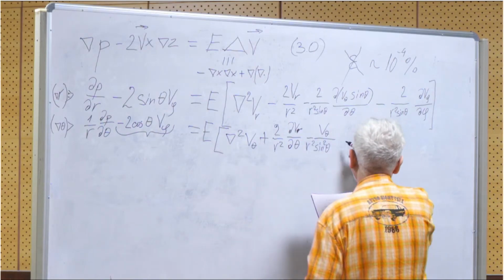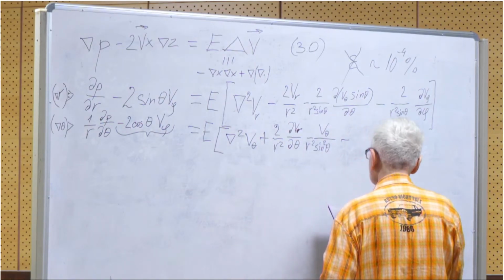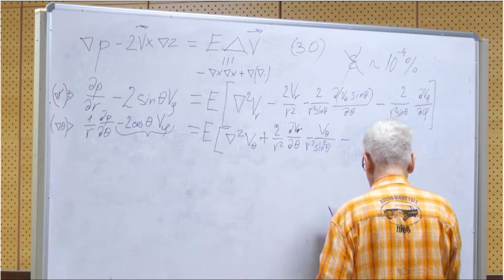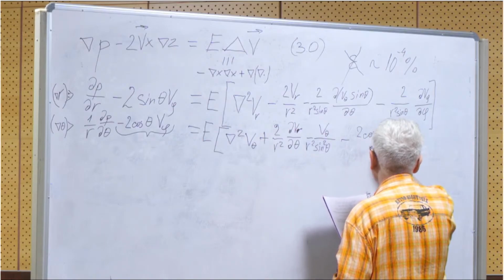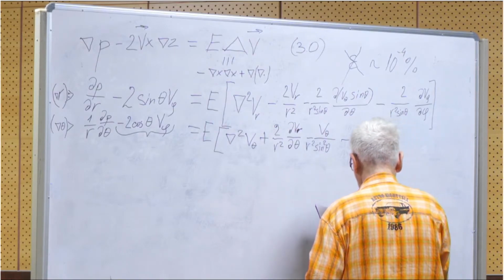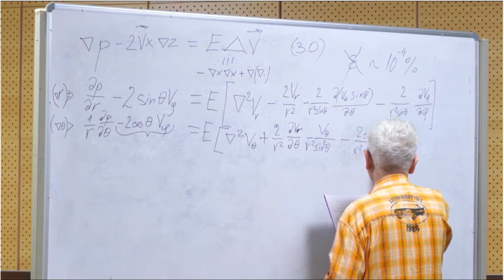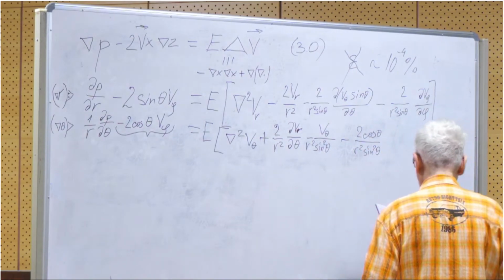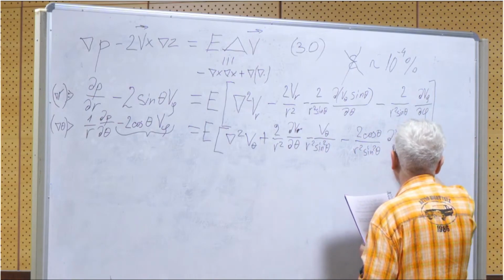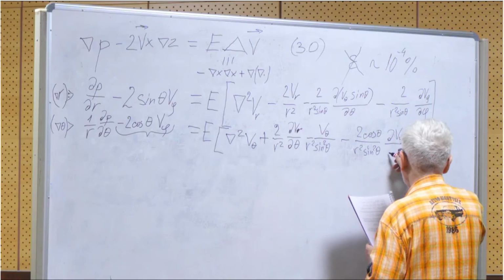And finally, we have the phi component. 2 cosine theta over r squared sine squared theta. It's a bit complicated. D v phi d phi.